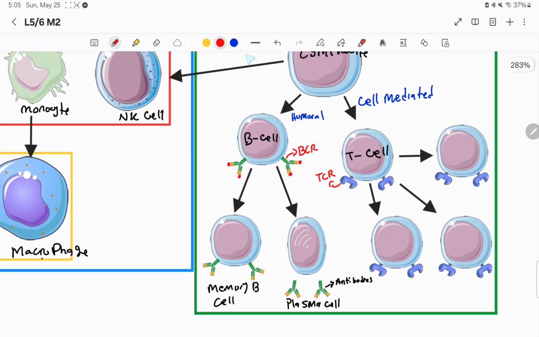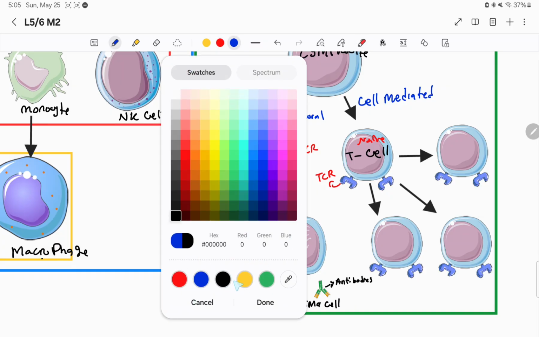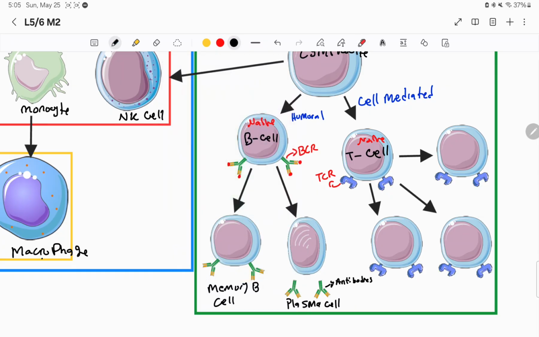But in the current stage that they are, these T cells and these B cells, in this stage when they're not activated, are usually called naive. So a naive B cell and a naive T cell. Either way, let's say this T cell becomes activated, okay? Who does it turn into? It can turn into a couple of different cells. It can turn into someone called a cytotoxic T cell.